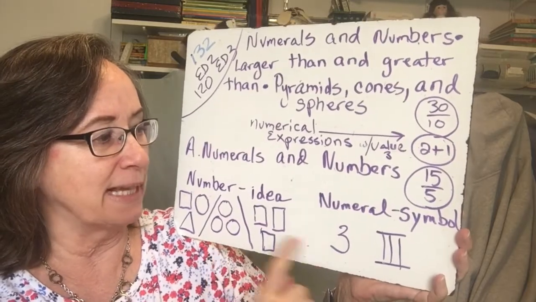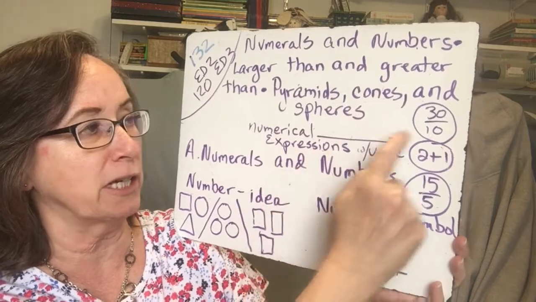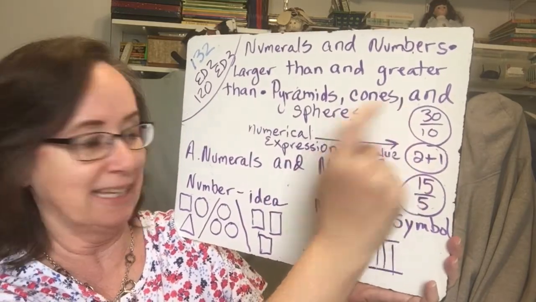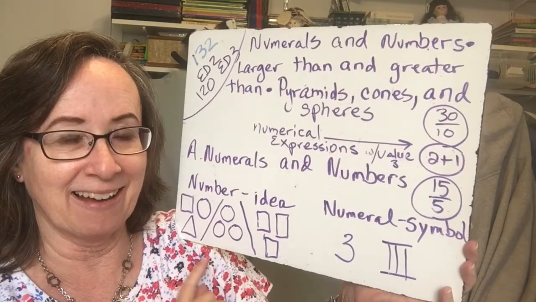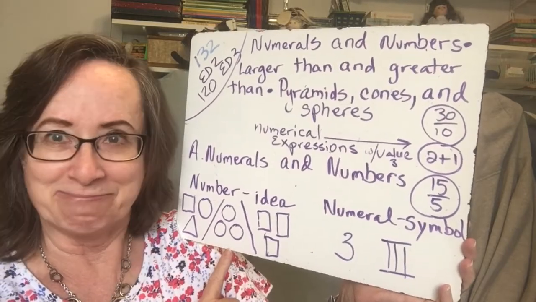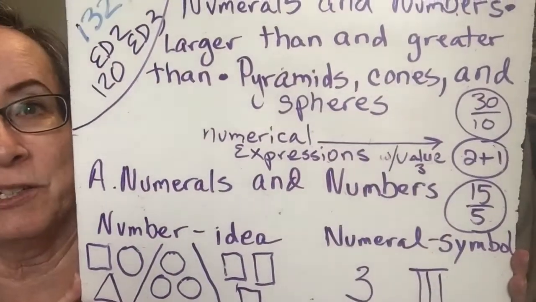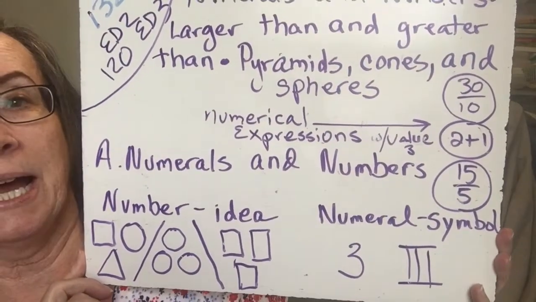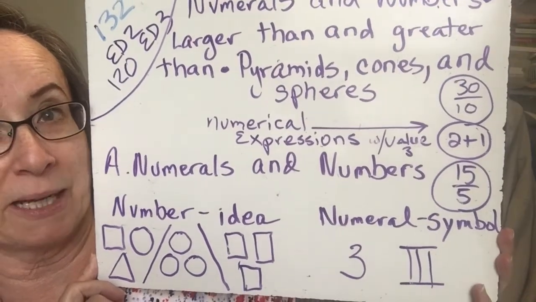So this numeral expresses 3. A numerical expression could express 3. But the number 3 is the idea of 3. So sometimes we do use them interchangeably, but your book just wants you to know the difference between the two.